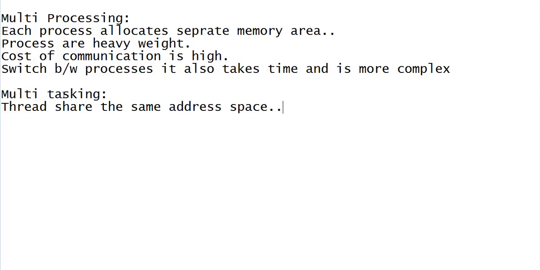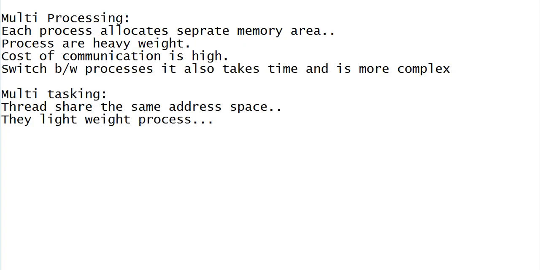So threads basically share the same address space, and because they are the smallest unit of processing, they are literally very lightweight processes.